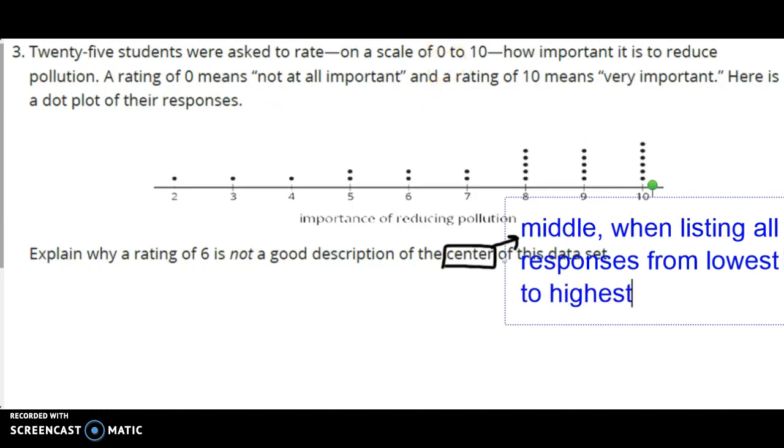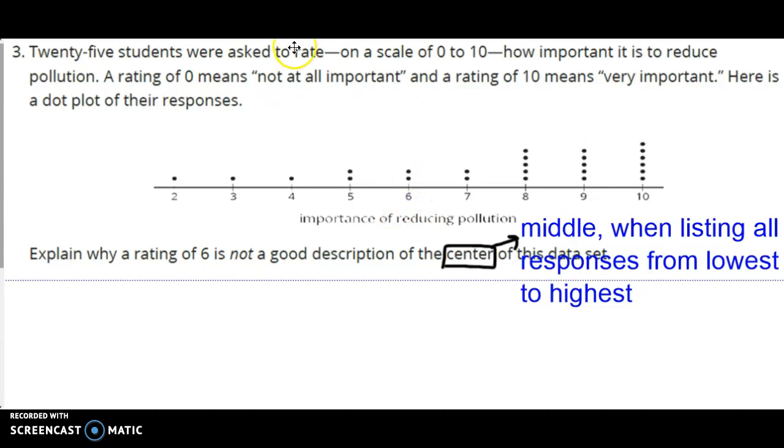Here is the problem with picking 6. It looks like it's in the middle, doesn't it? 2 to 10, that's my middle number. But look at how many responses were picked for each number.